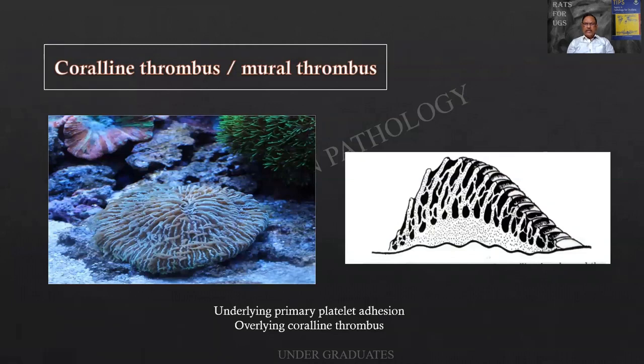This is a thrombus that can occur in large capacious chambers, such as the ventricles or an aneurysm of the aorta. These are two classical examples. And there will be alternate dark and pale lines. I shall explain what they are.